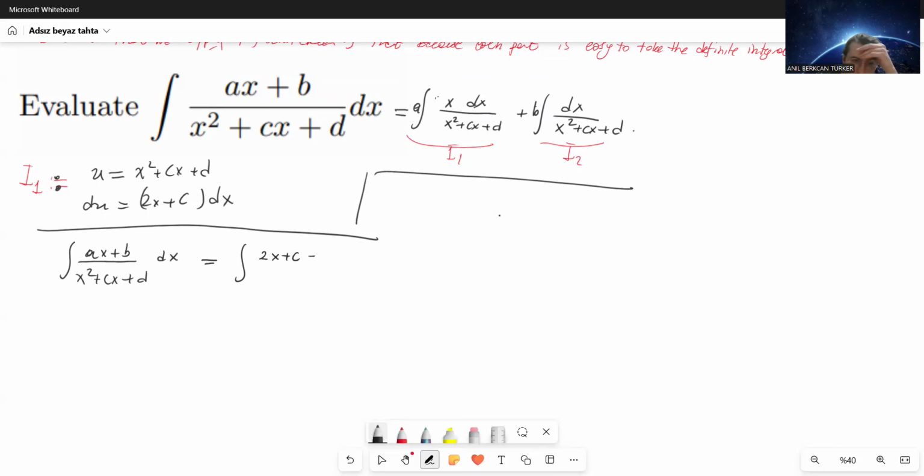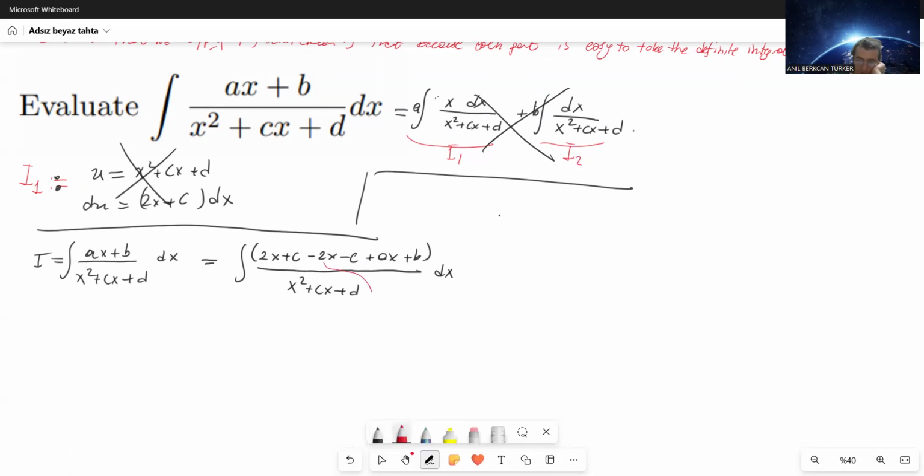It means that I need to put plus minus 2x minus c plus ax plus b. So this is the numerator. I'm just rewriting the original integral, over x squared plus cx plus d dx. So this part will be just u prime over u, right? That's okay. What about the rest?